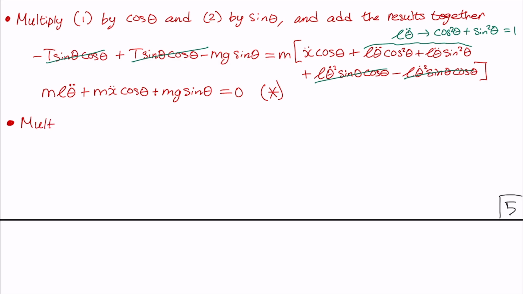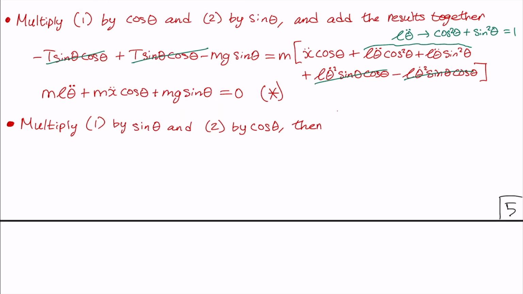So we're going to multiply, in this case, 1 by sine theta and 2 by cosine theta, and then we're going to subtract. The order of subtraction doesn't matter. You'll just end up with a negative sign that will end up canceling out. So we're going to subtract the results.